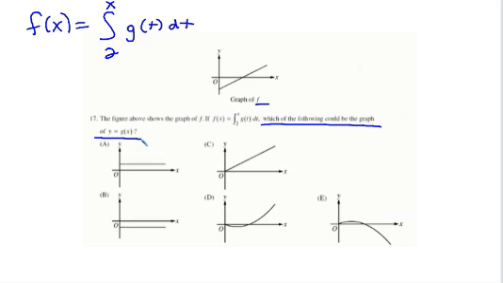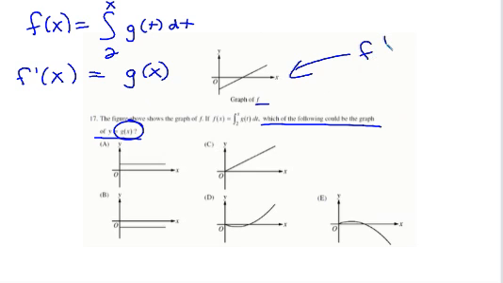Well, the best way for me to get to g of x is to find the derivative of f. F prime of x, we know from topic 6.4, is just going to be g of x. All right? So if I look at the derivative of this function, f prime of x, this is a linear, this one is a linear, and we know that the derivative of any linear is a constant. So it's definitely letter A.